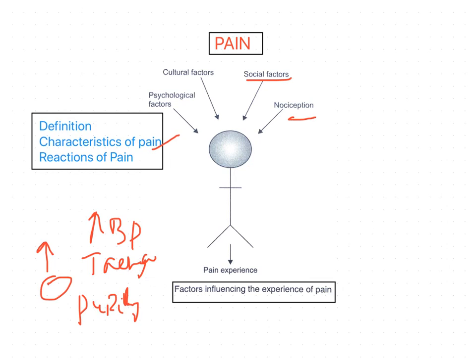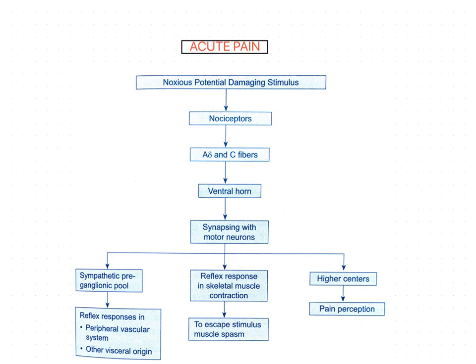And next, we'll see the clinical models of pain. In that, the first one we are going to discuss is acute pain. This acute pain is of recent, that means very starting stage of the pain, or sudden onset with demonstrable etiology.